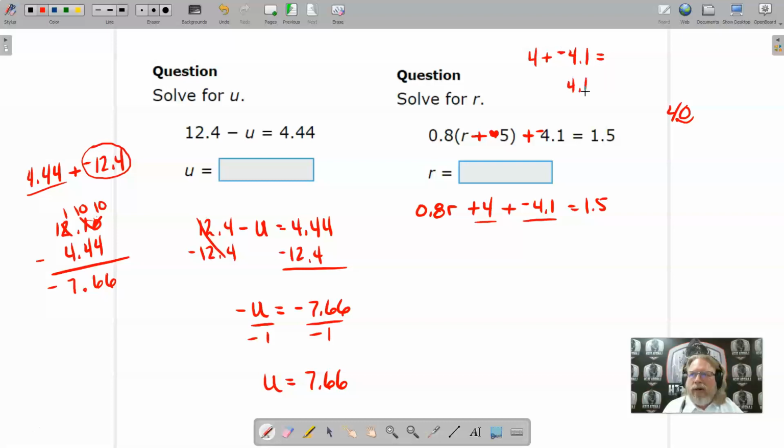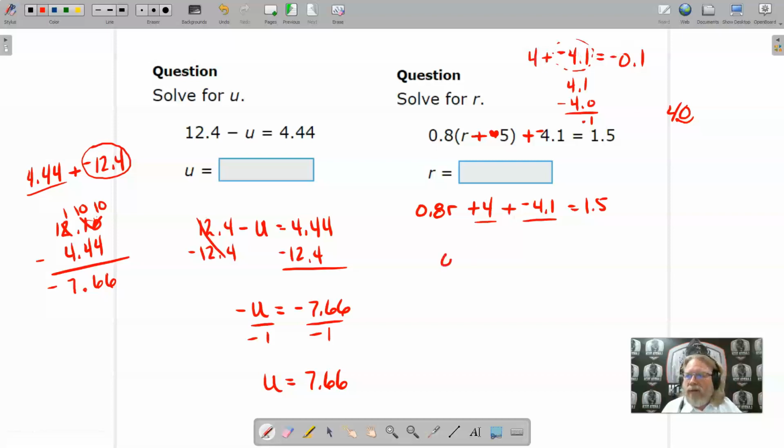Negative 4.1 has a greater absolute value of 4.1 as opposed to positive 4's value of 4, and we know we're going to subtract. So we end up with just 0.1, right? So 0.1. And should this be positive or negative? Well, hopefully by now you recognize it should be negative because the negative 4.1 has a greater absolute value than 4. So we're going to make the sign match that.